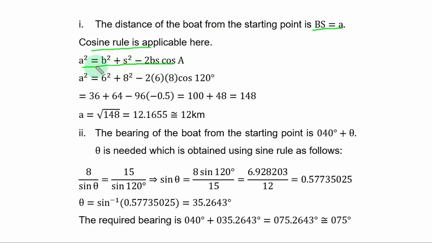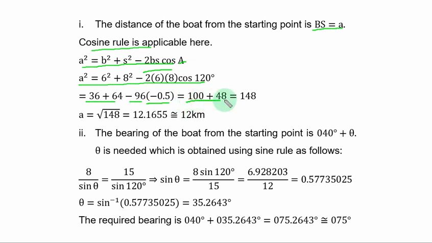You replace b and c with what they stand for, and angle A is 120 degrees. You have it in this form. So 36 plus 64 minus, if you multiply 2 by 6 by 8, you have 96. Cosine of 120 degrees is minus 0.5.